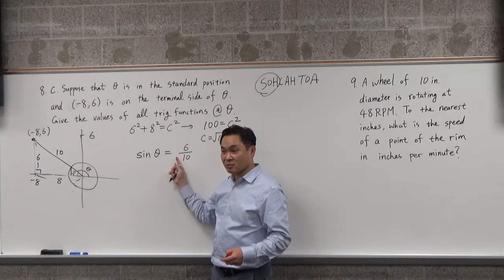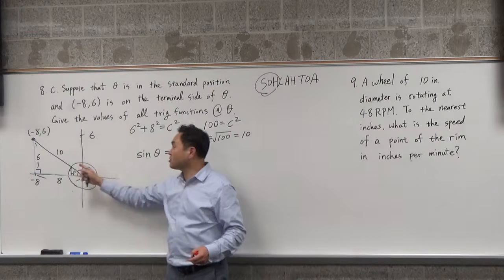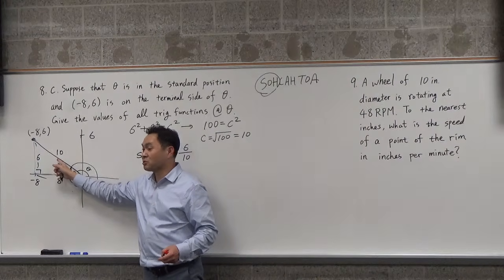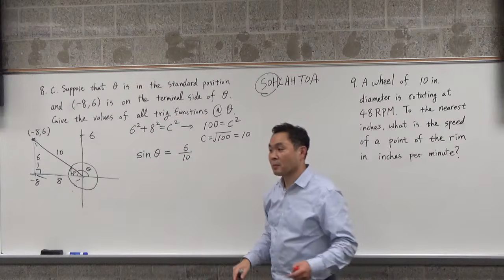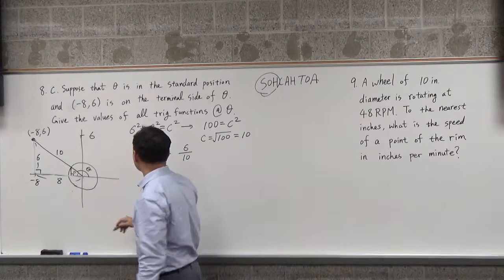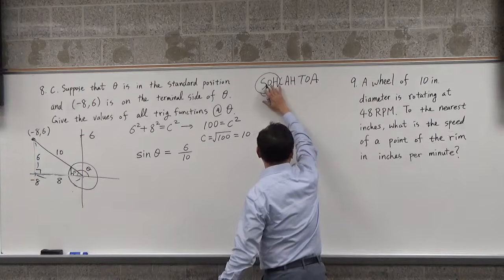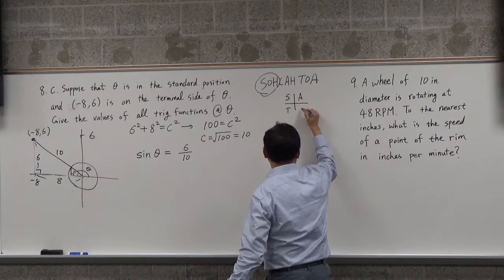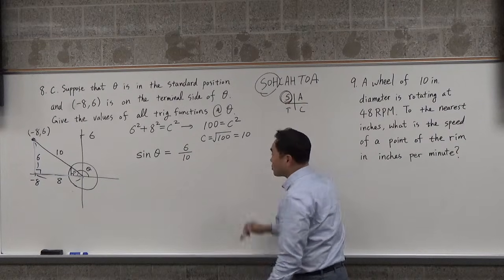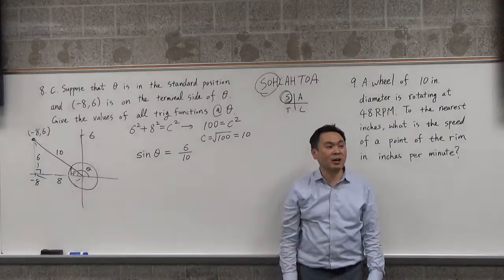So if you want the black theta, which the question is asking us to do, we have to make sure the sign is correct. How do you know the sign of trig functions in quadrant 2? What do you use to determine that? All students take calculus. So on top of this formula, you also need to know all students take calculus. And since we are in the second quadrant, we know that the sign is what?